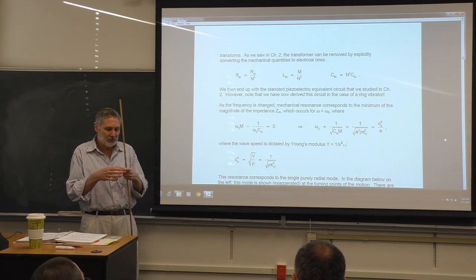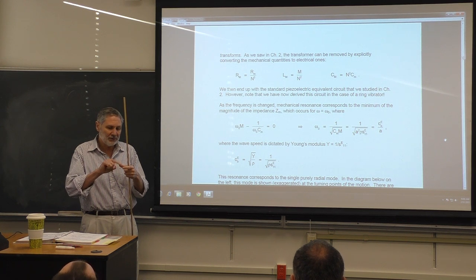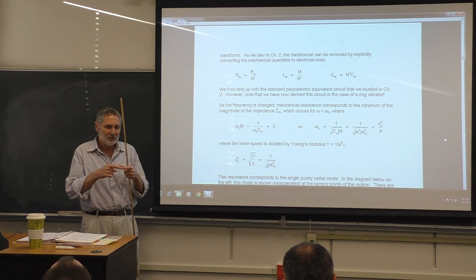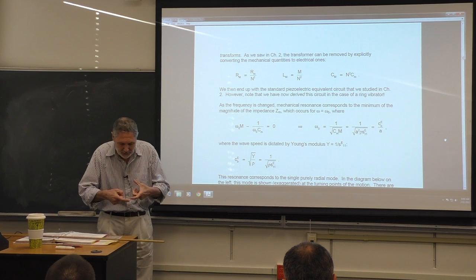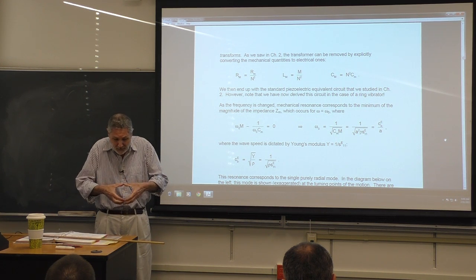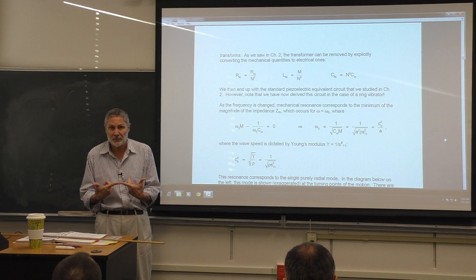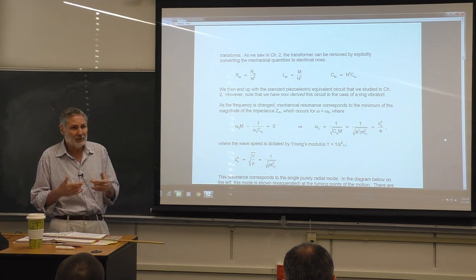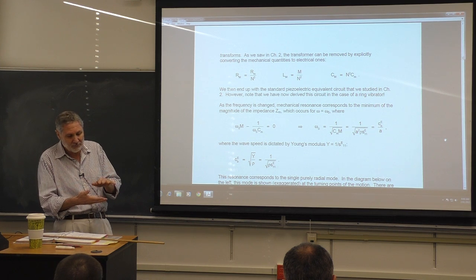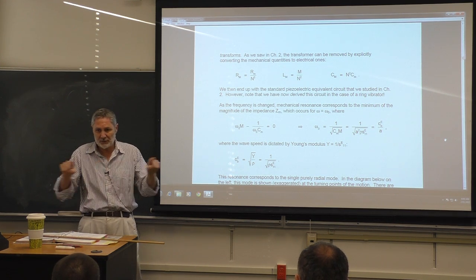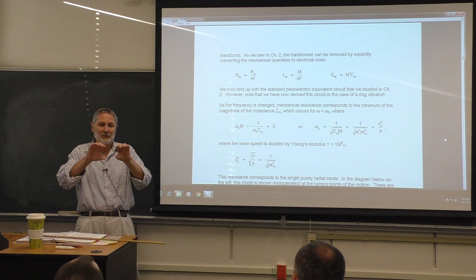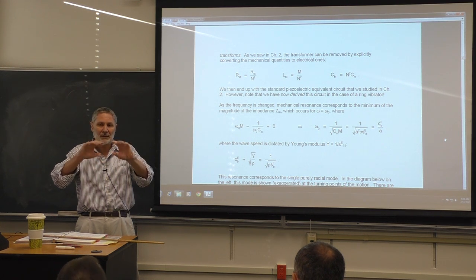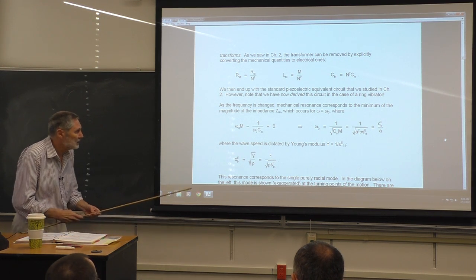Because we're assuming a wavelength that's large compared to the transverse dimensions, and because the transverse dimensions are small compared to the diameter, you can imagine spreading this thing out into a bar. The appropriate modulus here is going to be Young's modulus. We have compressions and expansions, and the bar, if we think of it as straightening it out, is allowed to expand and contract in both directions. So that's going to be Young's modulus.